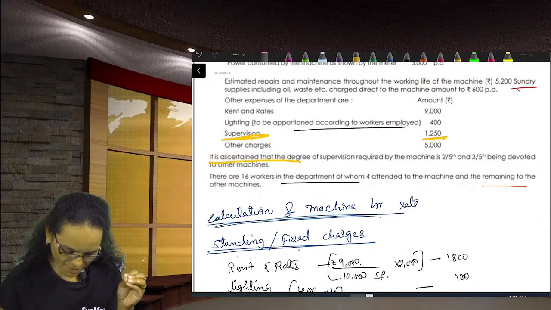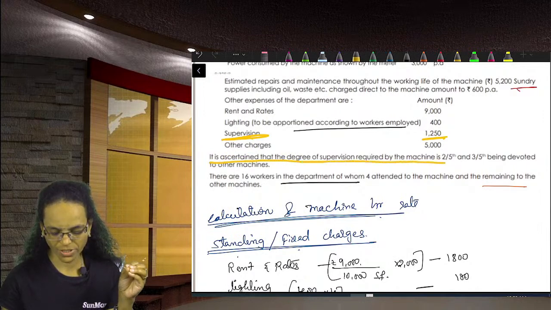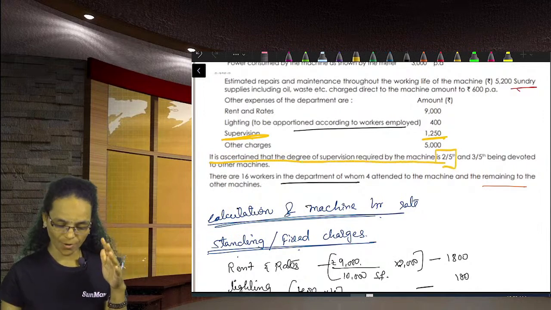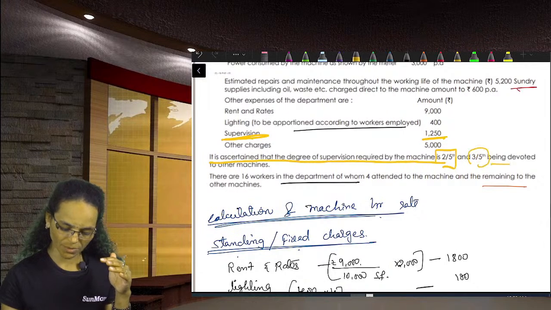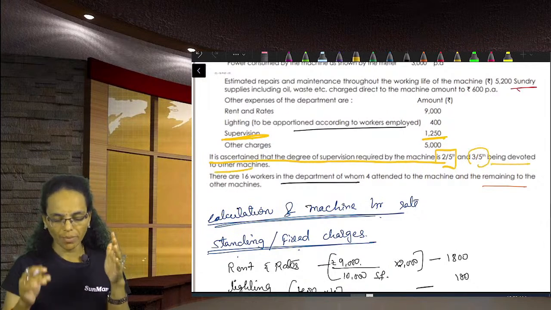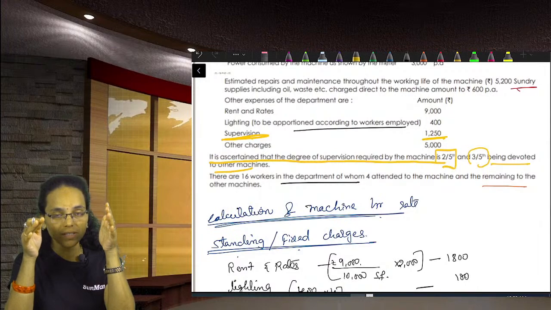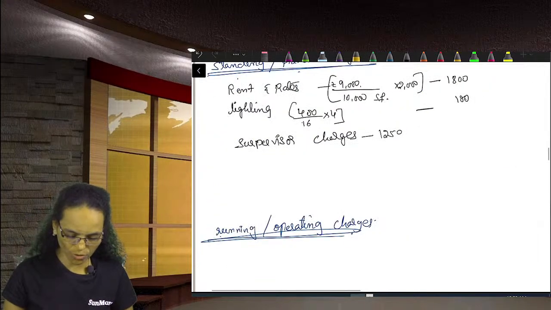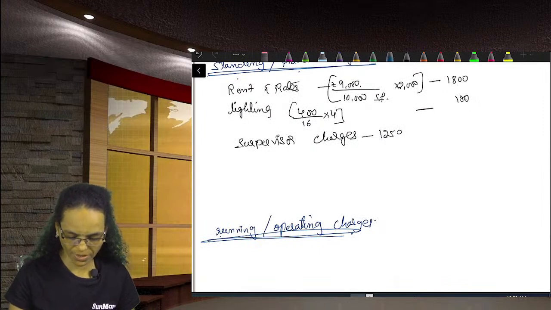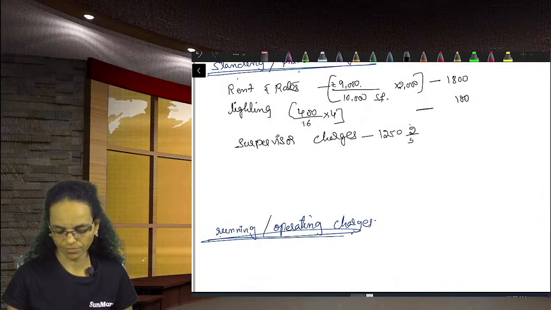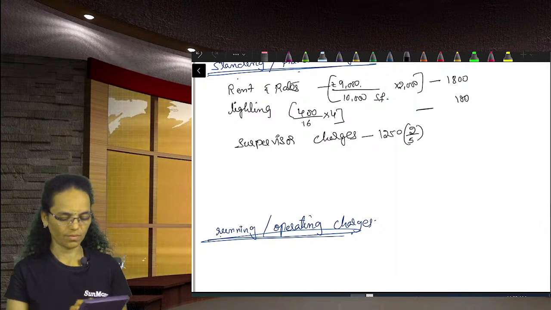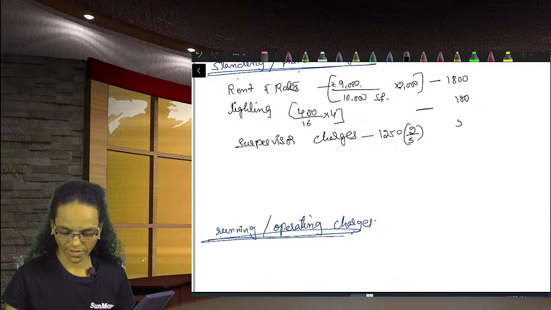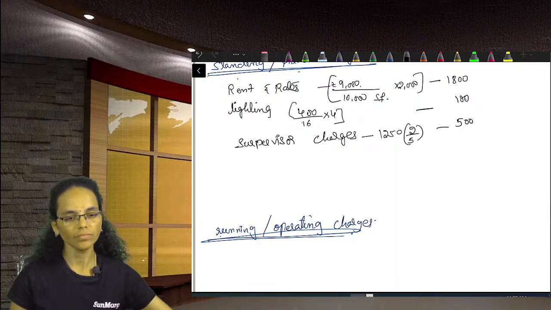It is ascertained that the degree of supervision required by this machine is 2/5, and the remaining 3/5 is devoted to other machines. That means 2/5 of the supervisor's salary belongs to this particular machine. So we will write only the 2/5 portion to this machine, which is 500.